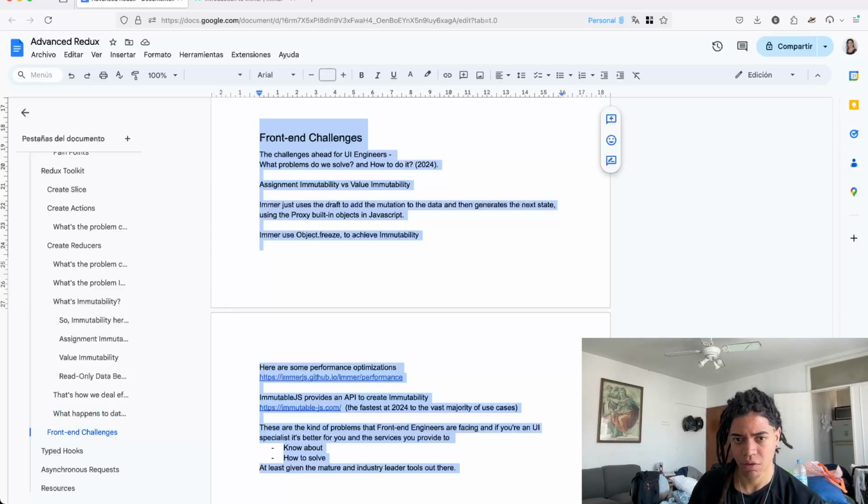The value offering of UI engineers to companies. State management, the value offering of UI engineers.